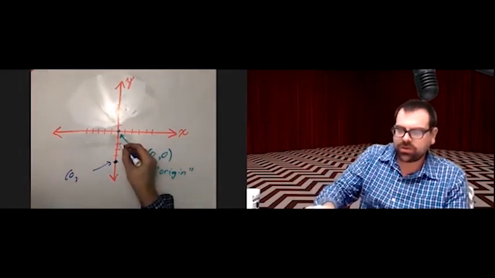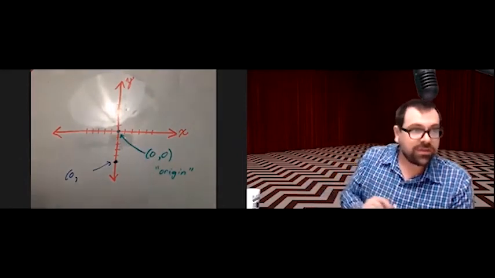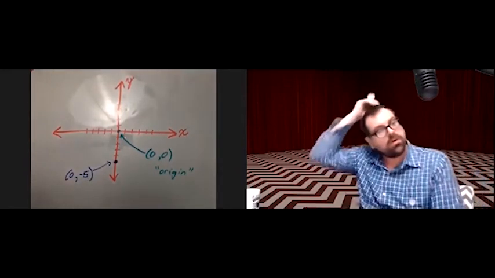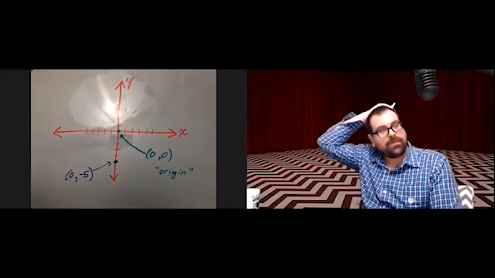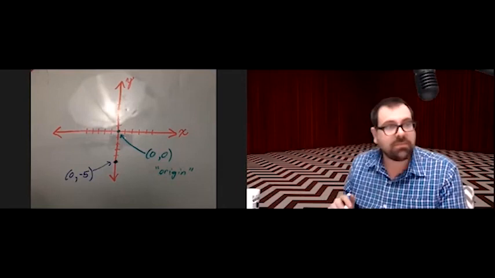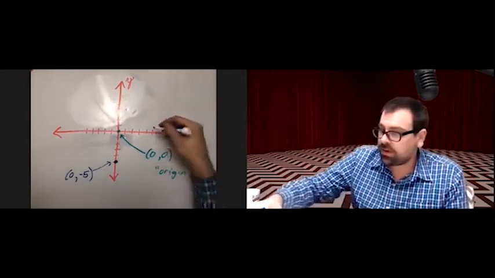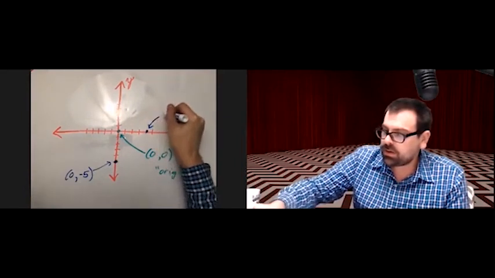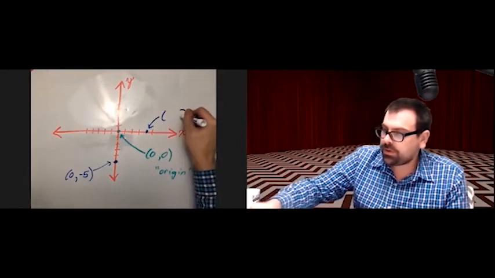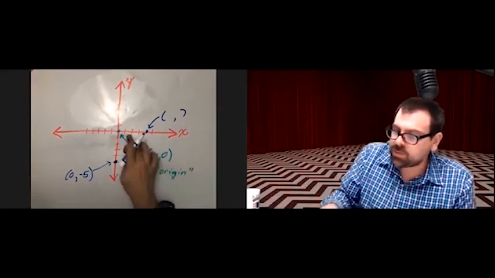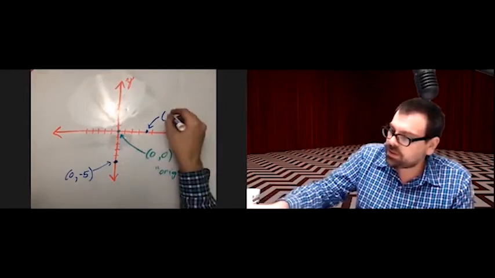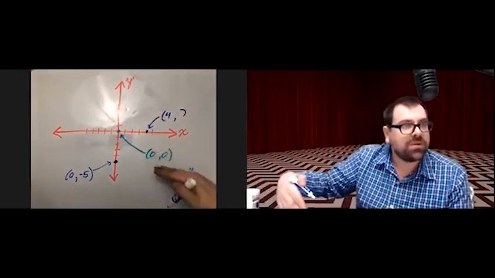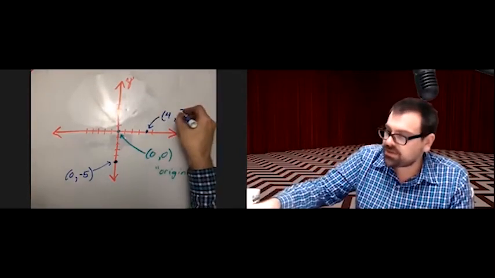It went down 1, 2, 3, 4, 5. So this point would be (0, -5). We'll talk about that in a second, but I also want to talk about this point right here. Now the x is 1, 2, 3, 4, but the y has not moved any from 0. So the y is 0.